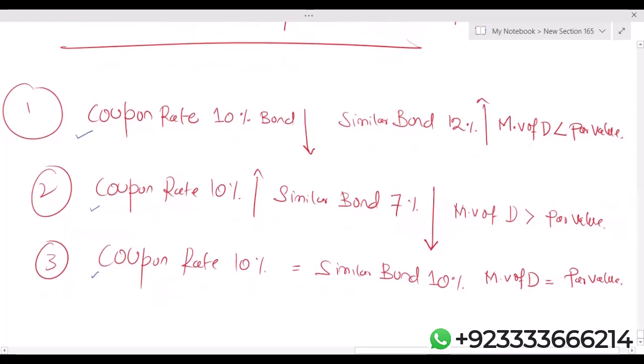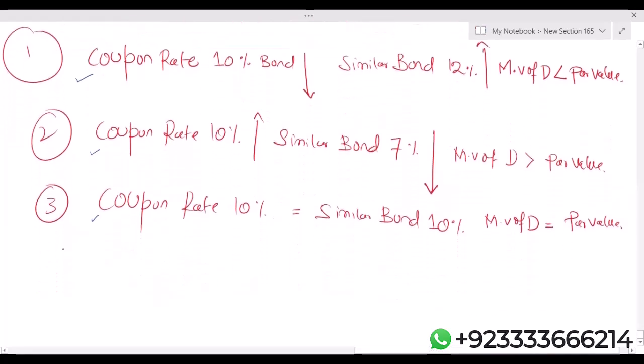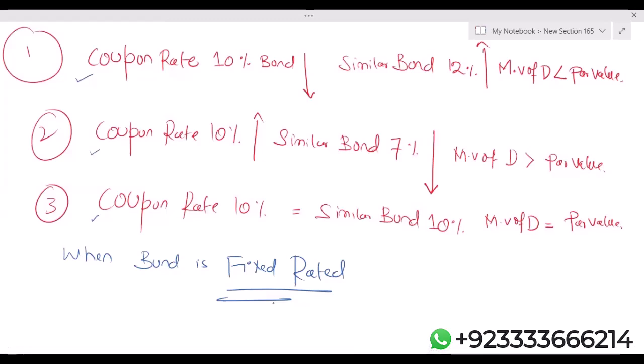when the bond is fixed rated. What do you mean by fixed rated? It means your company's bond does not have a variable interest rate.